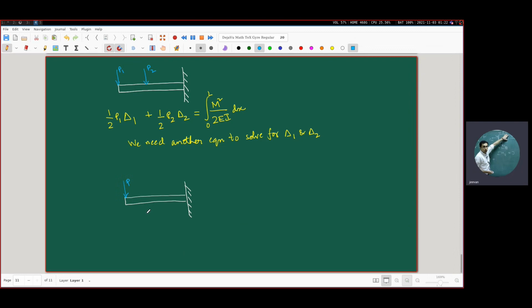There is no problem. But now I'll just change the problem statement a little bit and ask that instead of determining the deflection at this point, suppose I ask you to determine the deflection at any other point where no force is applied. Now you know for a fact that when this force is applied, this entire beam deflects down.